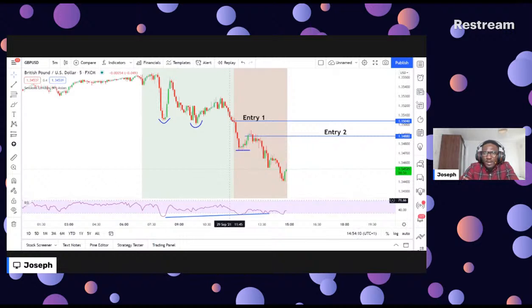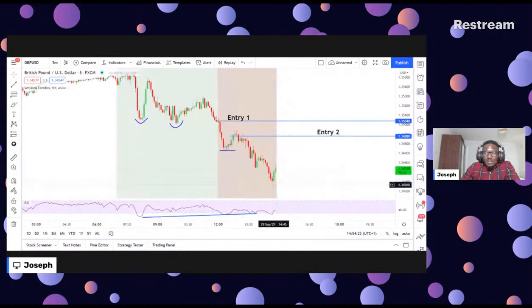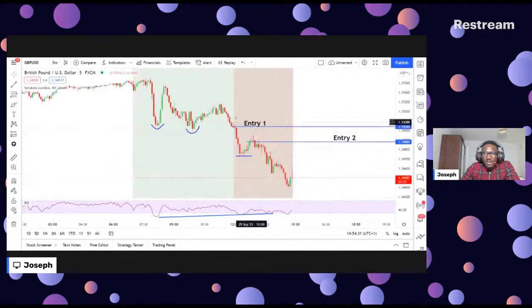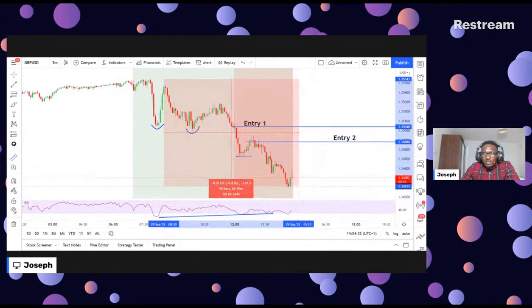Obviously, I did expect the market to keep going down, but at some point, usually between 12 and 2 o'clock, or even 2:30 after the official New York opening, you are going to get this kind of move, which looks like what the market is doing. But I don't think this is going to go that much higher, because today the market has gone down over 112 pips.